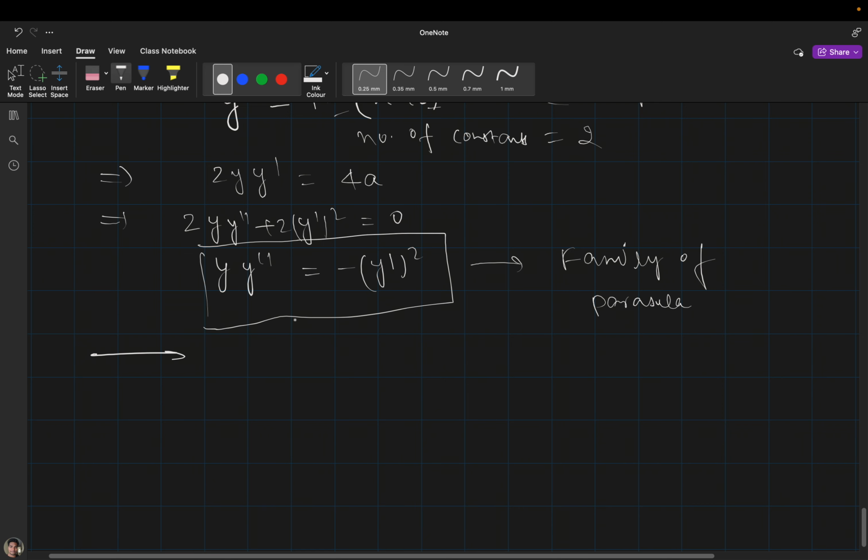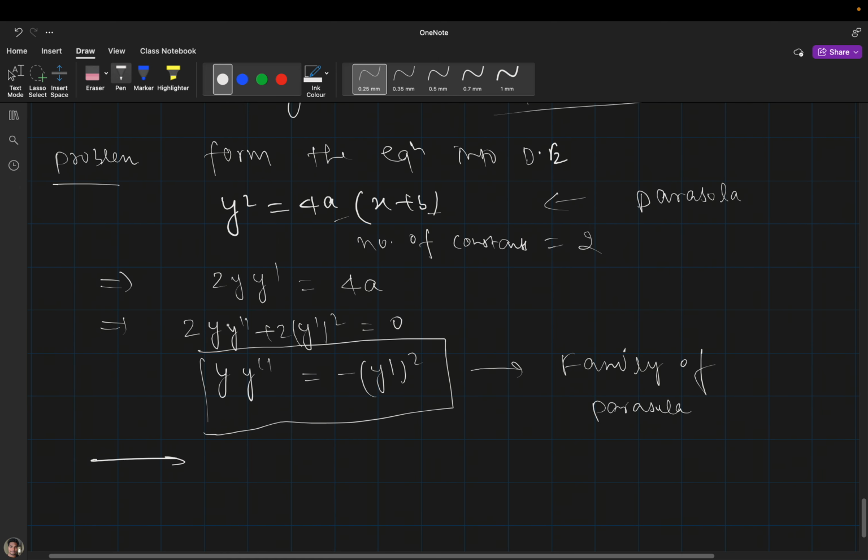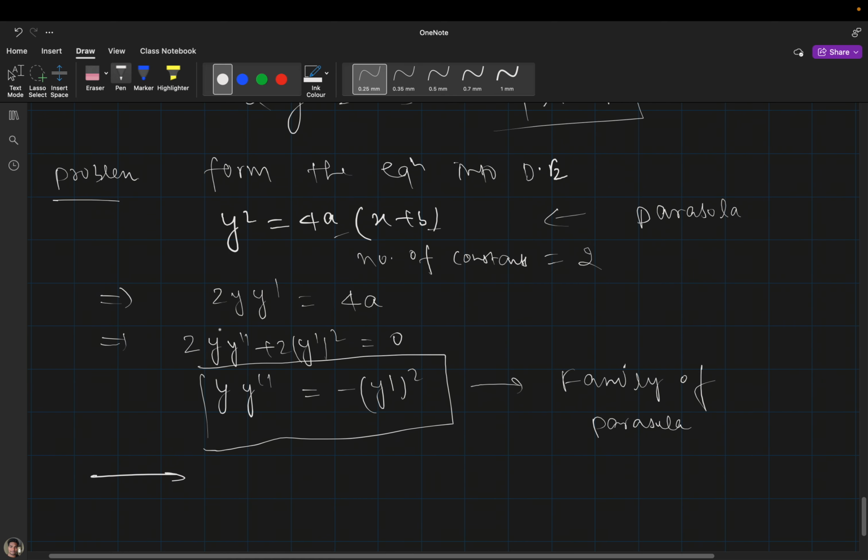Let's move towards some model. Yeah, tell me. Do we actually call the differential equation a family, or do we call the solution of the differential equation a family? The thing is, after solving this, you will get this, right?